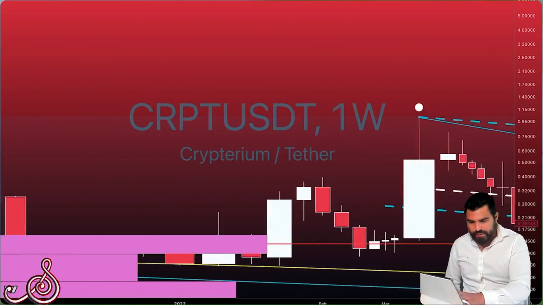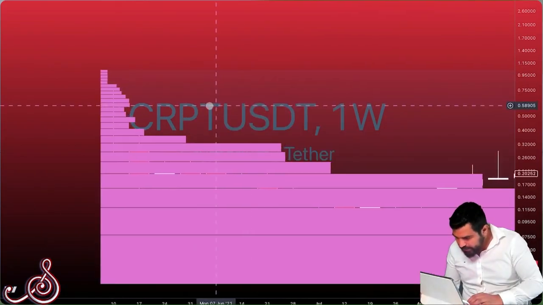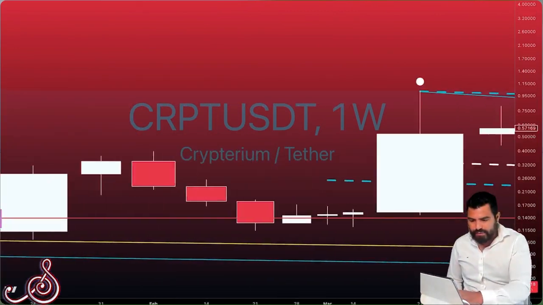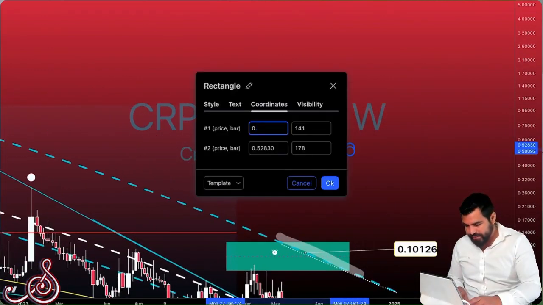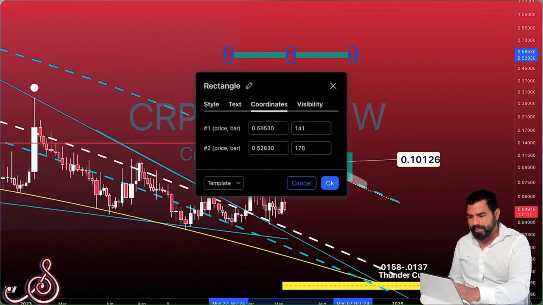$283. A very small target. 0.5853. Oh no, yeah, 0.5853. Okay, so this is going to be our target up there.